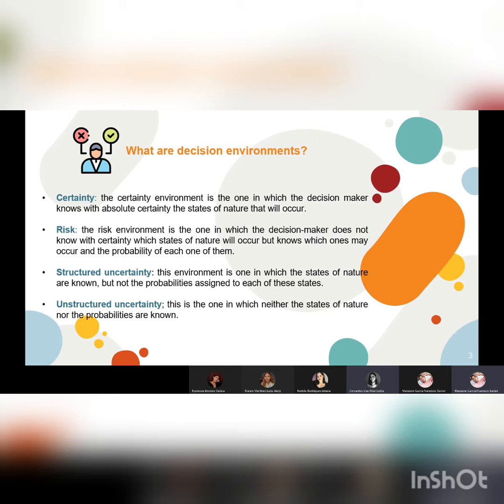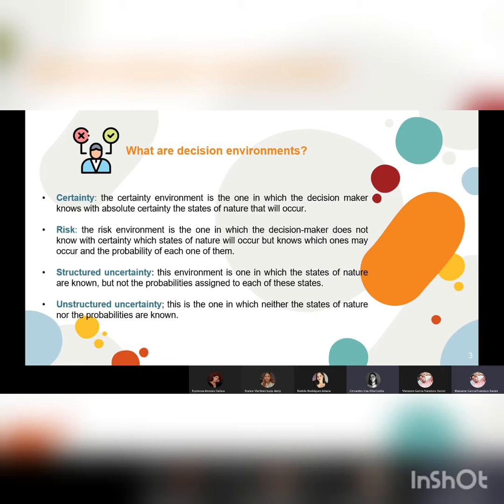The risk environment is the one in which the decision maker does not know with certainty which states of nature will occur, but knows which ones may occur, and the probability of each one of them.